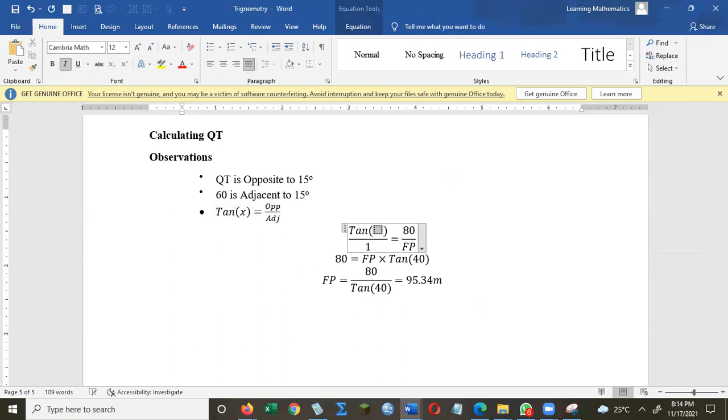The angle is 15, tan of 15 over 1, equals the opposite, QT, over the adjacent, which is 60. And we cross multiply. QT times 1 is QT, and we're talking about 60 times tan of 15.